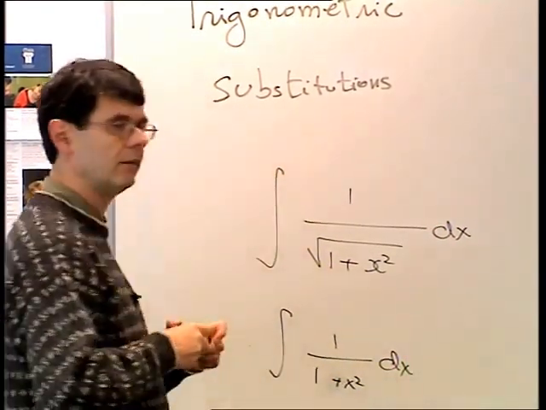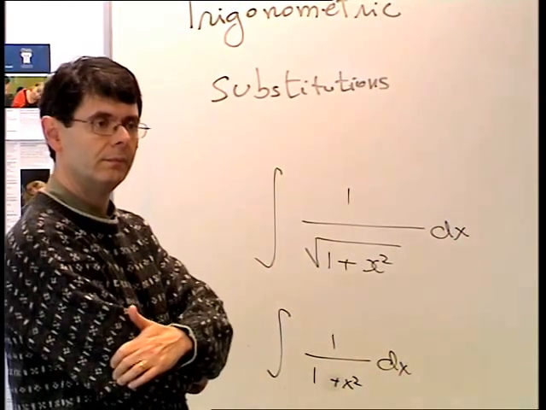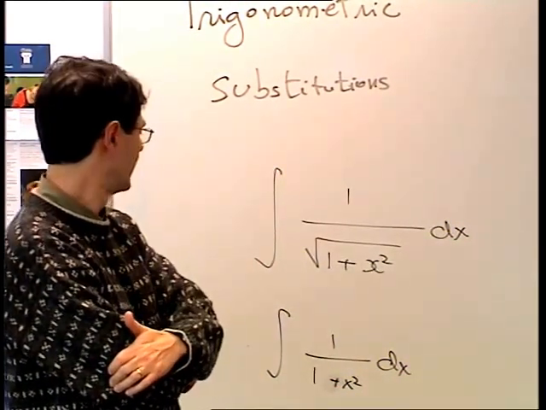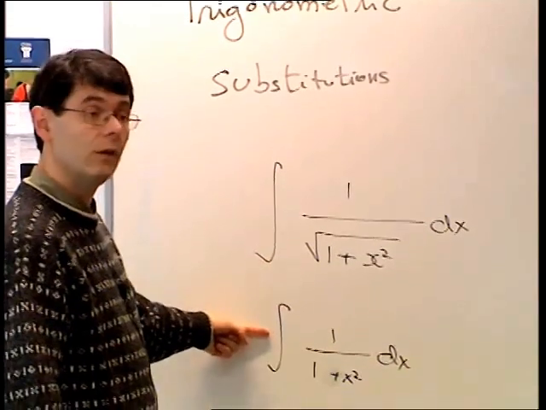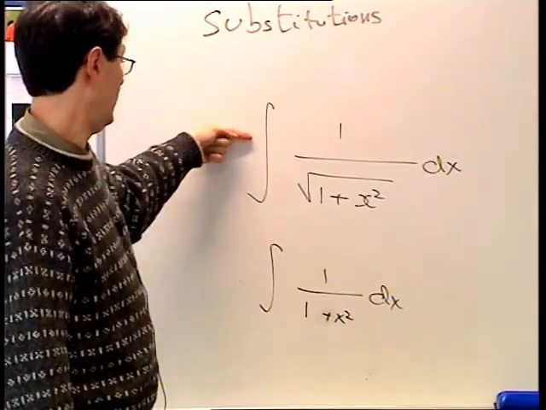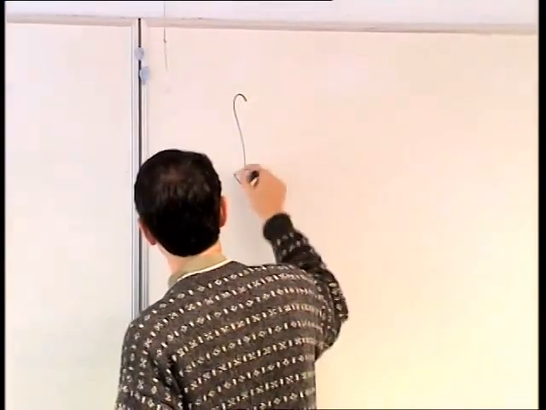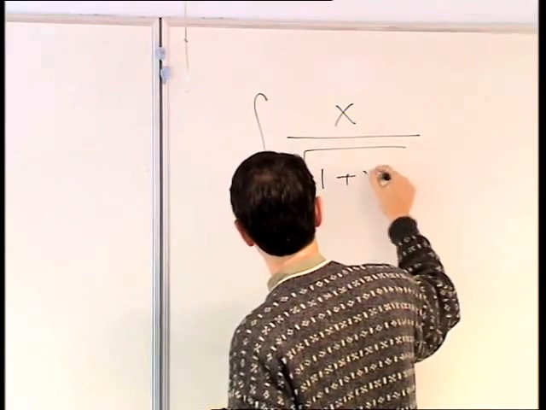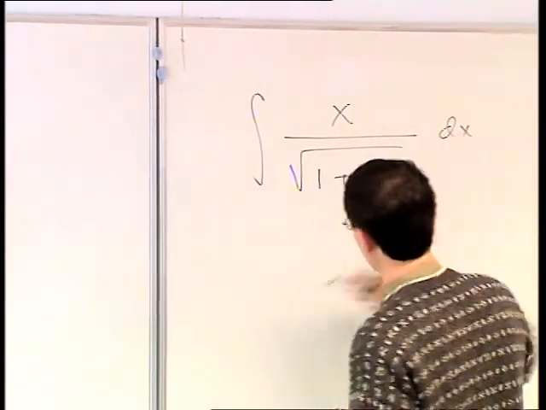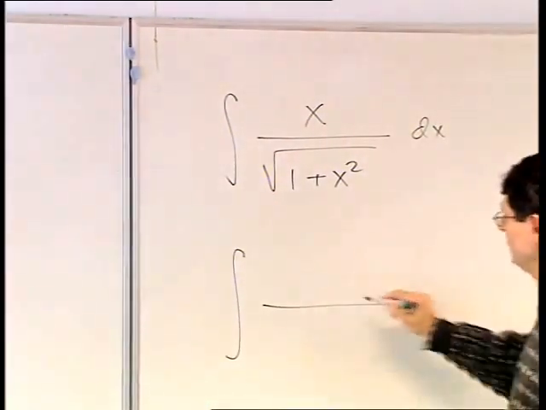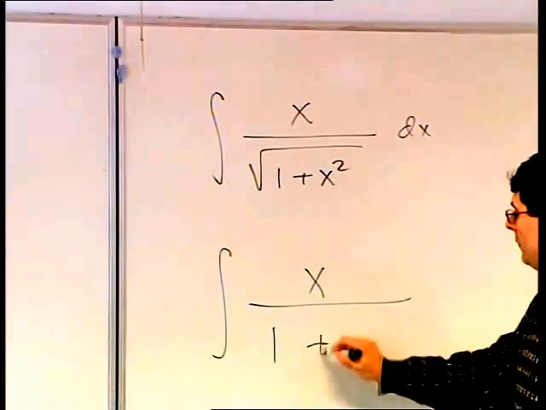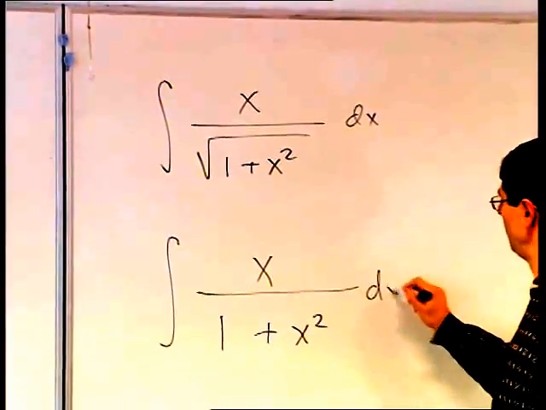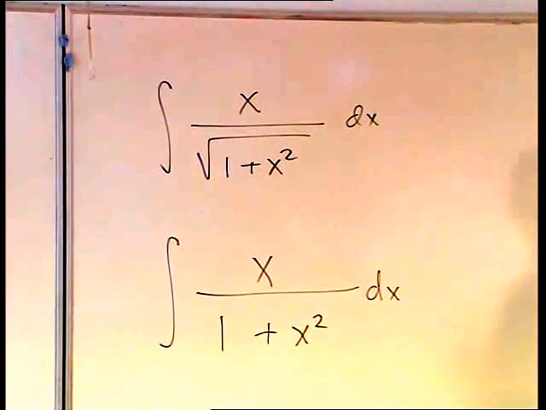You just can't find the right substitution. Mind you, this one here, the last one I put, and this one as well, if the integrals were like this, or like that, then you can find the right substitution.